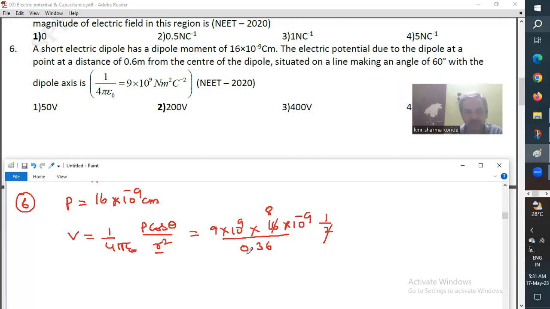If you make this 36 into 10 to the power of -2, then this is 4 times, this is 2 times. There is -2 here and a -9 here, so it will be -7. So +9 -7 is 2. So it is 2 into 10 to the power of 2 volts, otherwise you can write 200 volts. So the second option is correct.